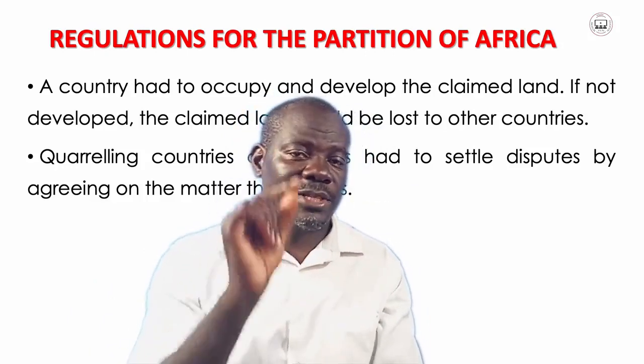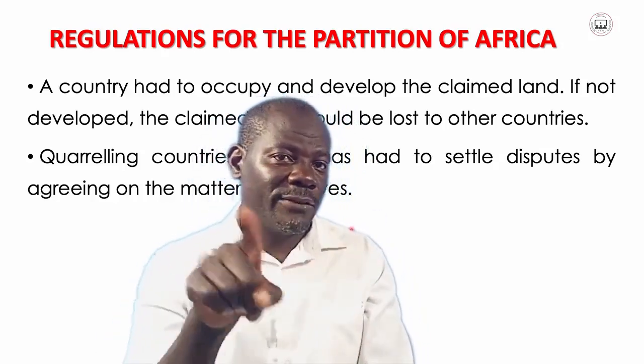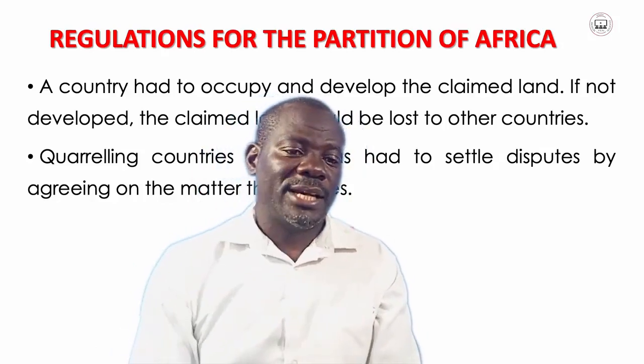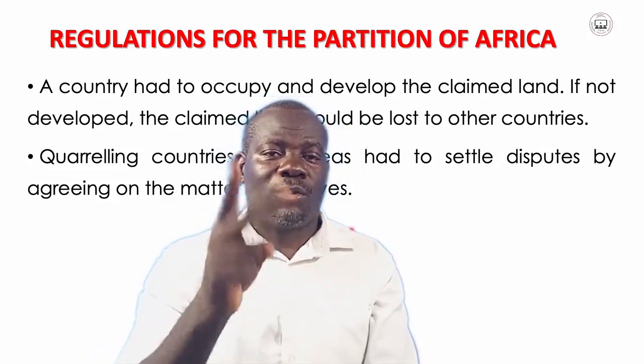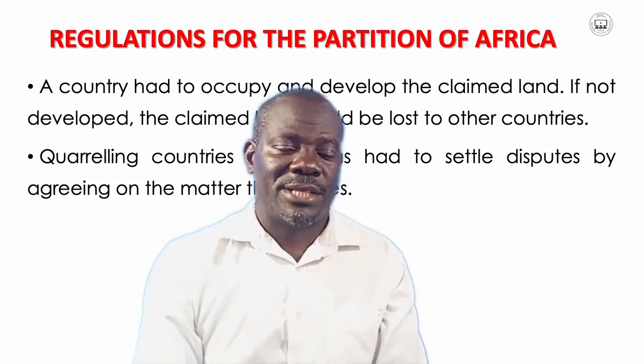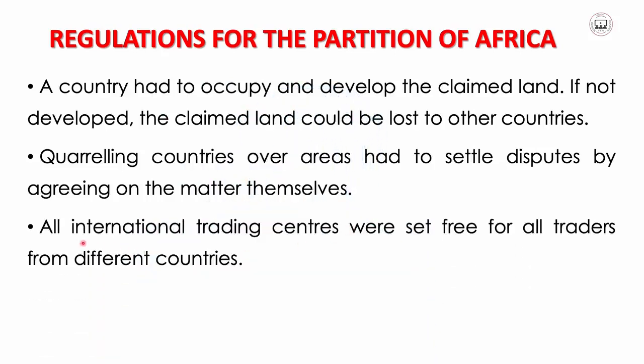Regulation number 1, we have said that they agreed that they had to develop every occupied area. And number 2, they had to agree if they have quarrels over the same territory. Number 3, international trading centers were set free for all traders from different countries.